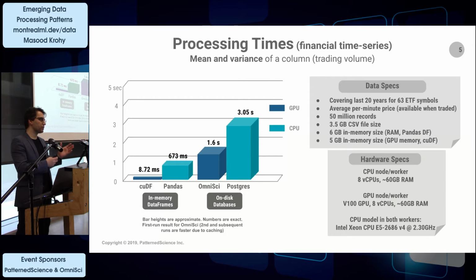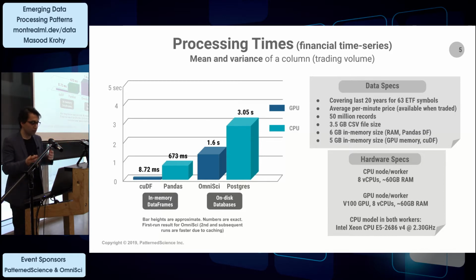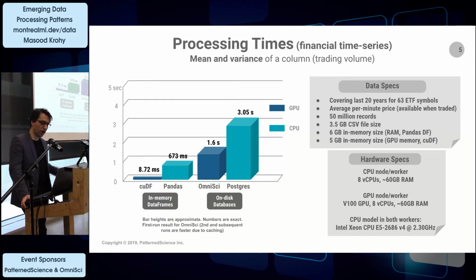If the data set is too small, then the overhead of using a GPU database is not worth it. If it is too large, then it might not fit into either RAM or the GPU memory. So we are in a spot where all of them can compete, and we can validate the performance between them. That is the point of going with this specific data set.